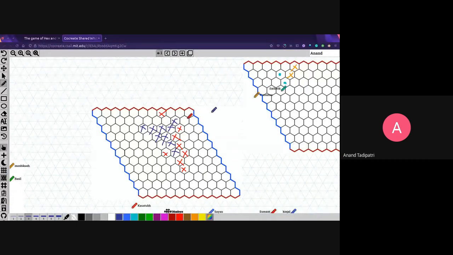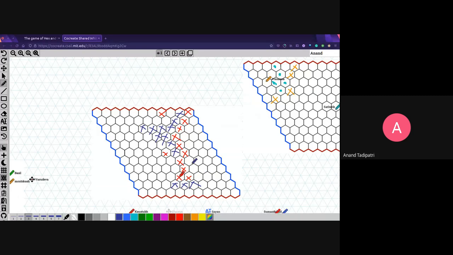Okay, things don't look good for me. Oh no. Okay, I think I lose because there's a continuous red path all the way.